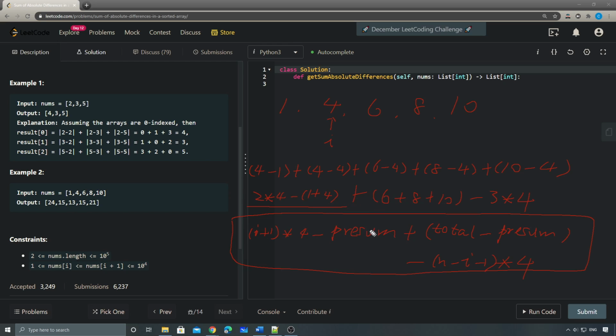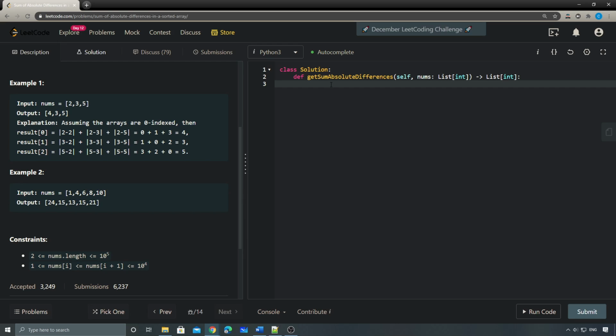And once you have the formula, everything should be pretty straightforward. All we need is a total equal to the sum of the nums, and then the length of the nums. To do the prefix sums, I just use a running sum, which is easy to use.